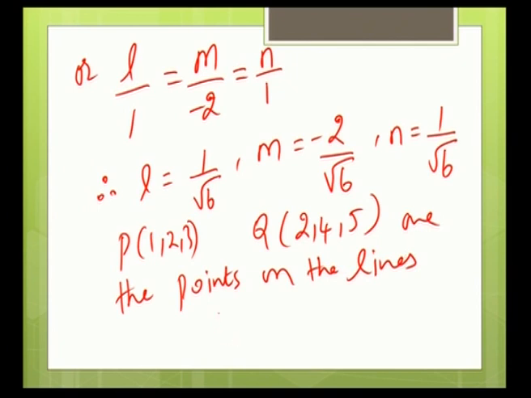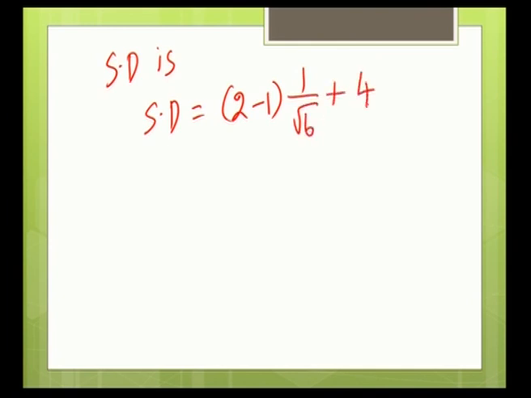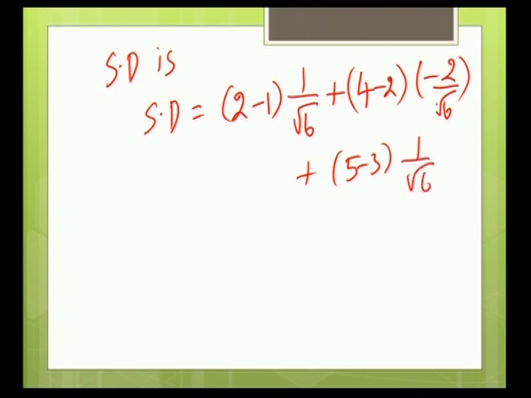So, the projection of PQ on the shortest distance is given by SD is equal to (2 minus 1) into 1 by root 6 plus (4 minus 2) into minus 2 by root 6 plus (5 minus 3) into 1 by root 6.